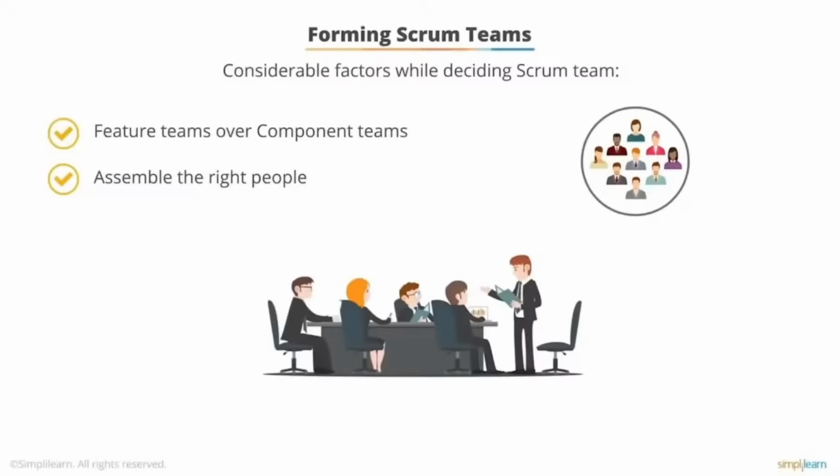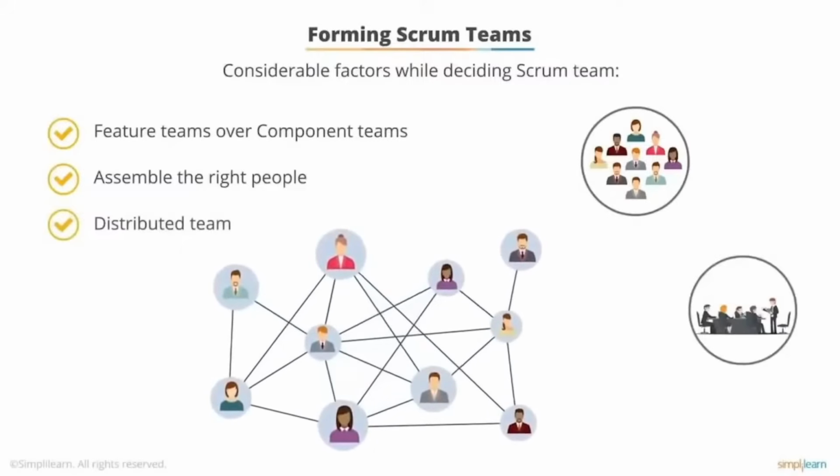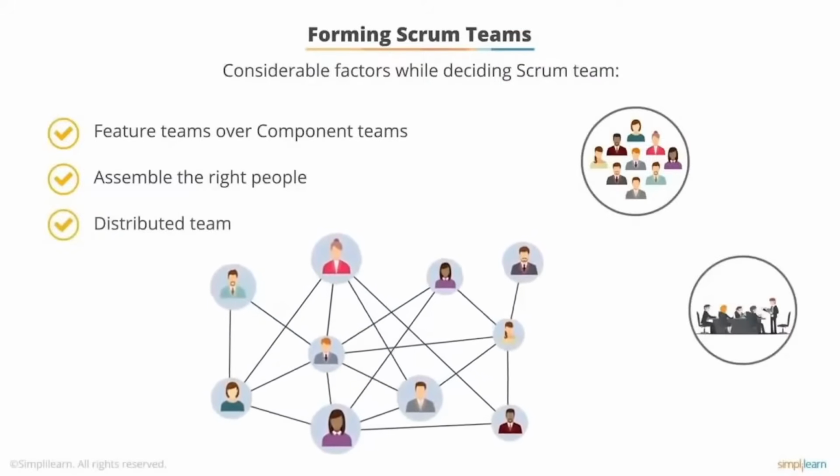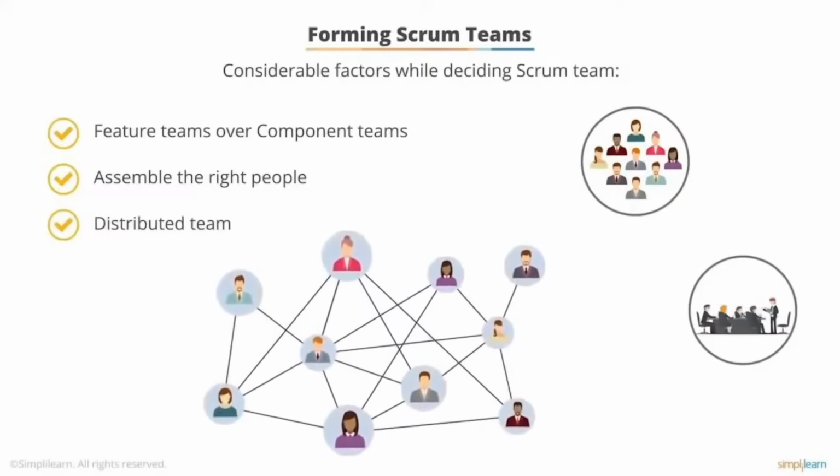Once a team has been formed, it's best to preserve and assign whole teams rather than individuals to projects. It's best to avoid assigning team members to multiple projects at the same time. Distributed team. A distributed team may be unavoidable. Those based at the same geographical location should be co-located in the same team room.